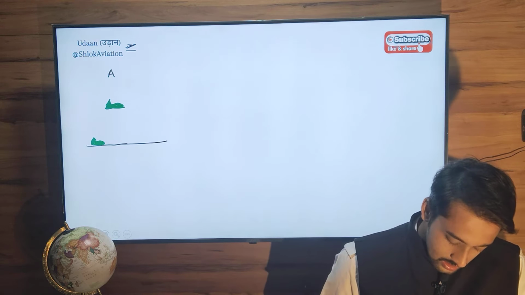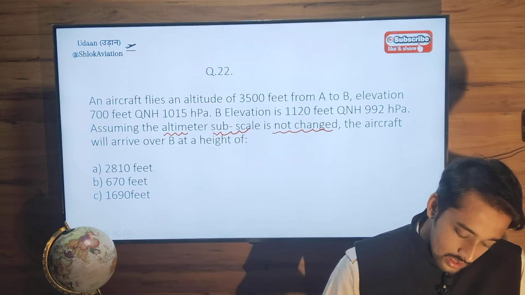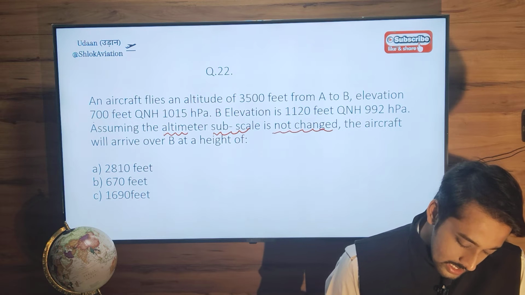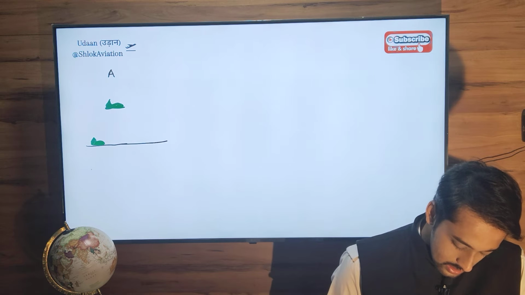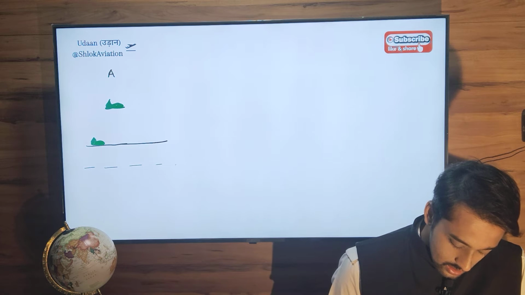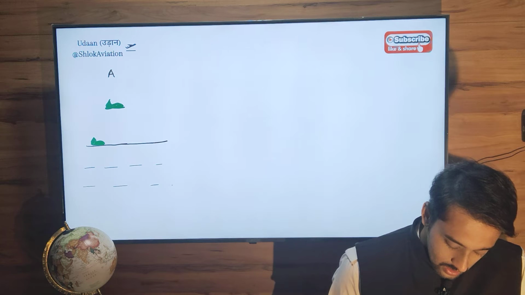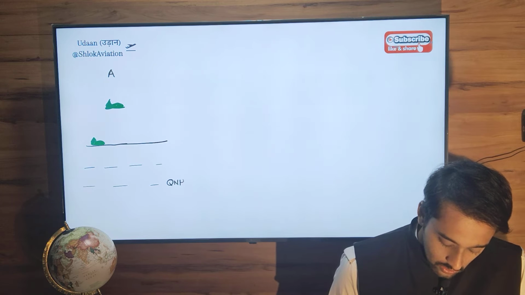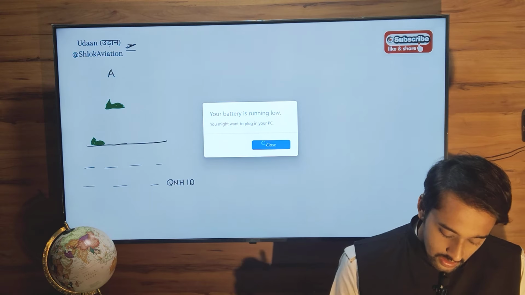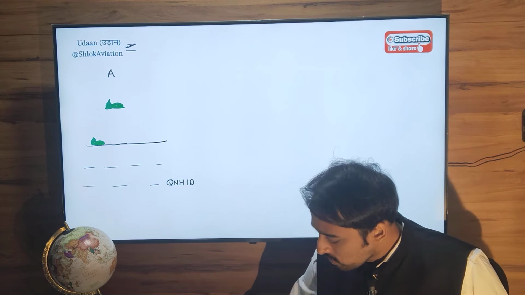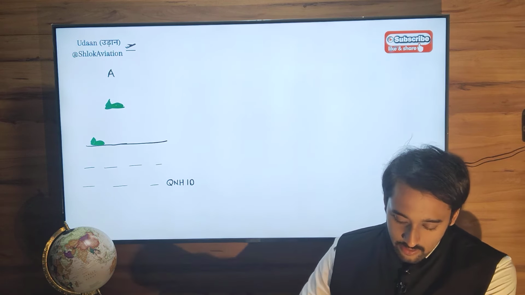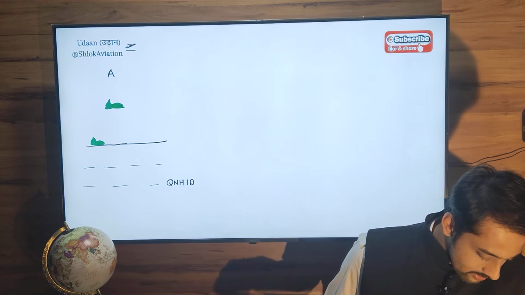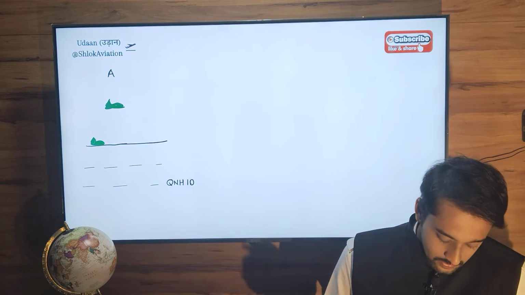Next, for A, elevation of A is 700 feet, QNH 1015. QNH is 1015 and elevation is 700 feet, right?